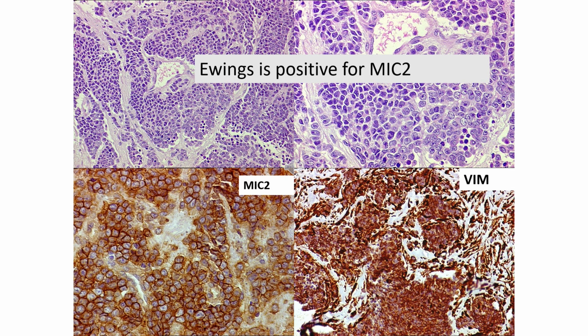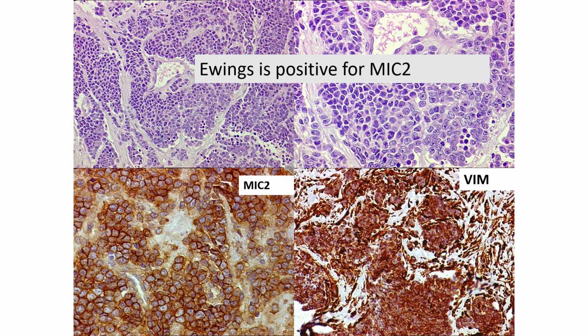So I showed you how Ewing's is positive for MIC2 or CD99. Here we see in the lower left hand corner a strongly MIC2 positive tumor, and we know that this is a Ewing's tumor. On the right hand side you see a marker called vimentin. This marker is not so specific because it is found in all mesenchymal cells, like in muscle cells, it can be found in nerve cells, it can be found in most tumors.